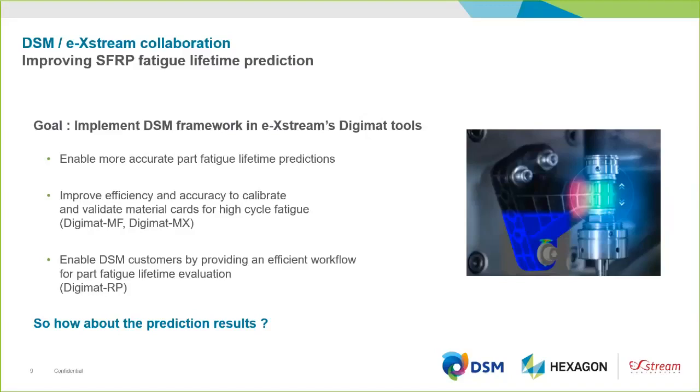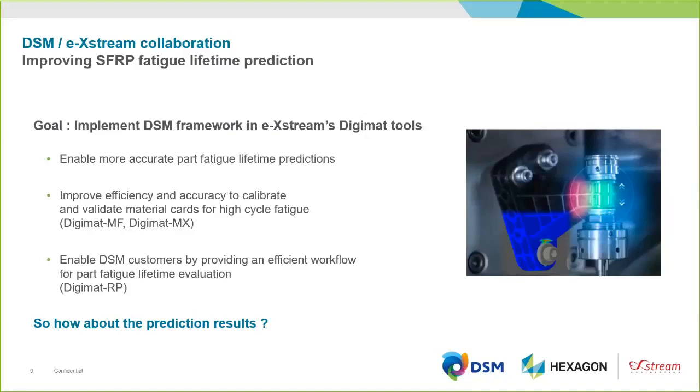And about a year and a half ago, we embarked on this joint project with e-Xstream, where we implemented a couple of elements of our framework for fatigue in the Digimat tools. And Pierre will go into a lot more detail of the tools, but it's really about enabling more accurate part fatigue lifetime predictions. So we want to make the process of the definition of material cards more efficient.